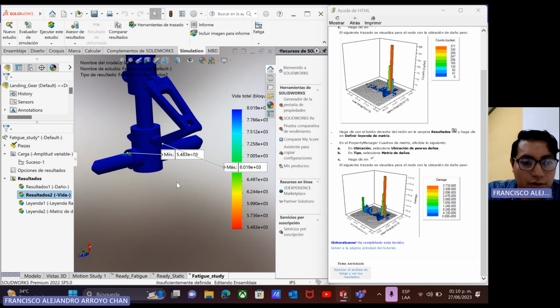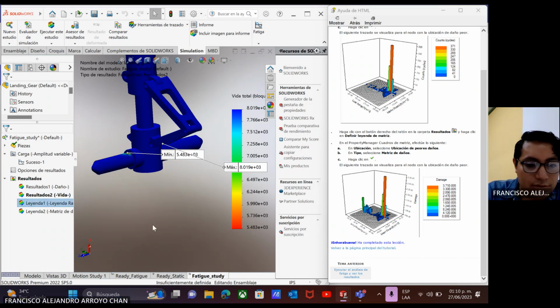Those points talk about, for example, you can put more forces on the maximum point with the life of the fatigue.